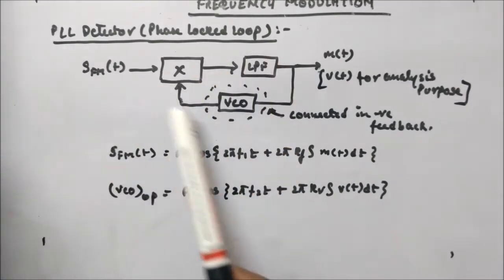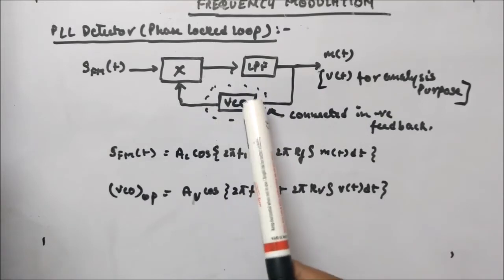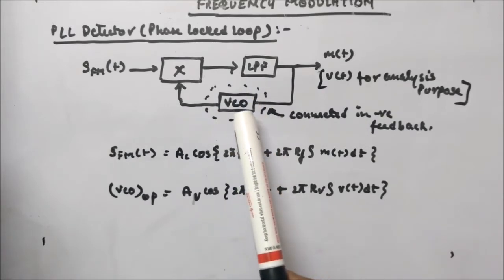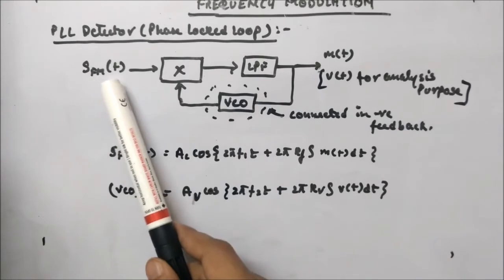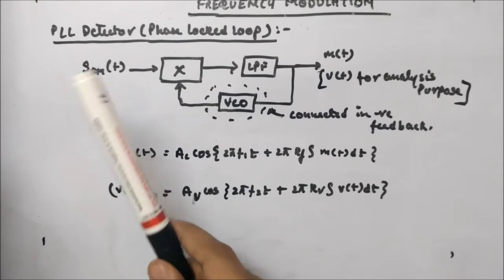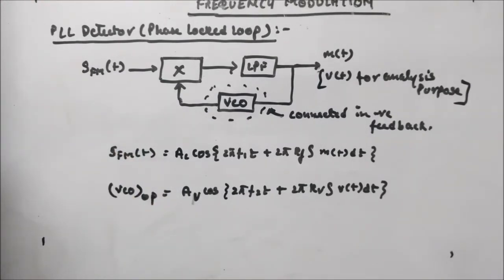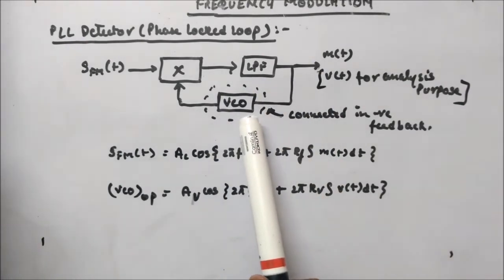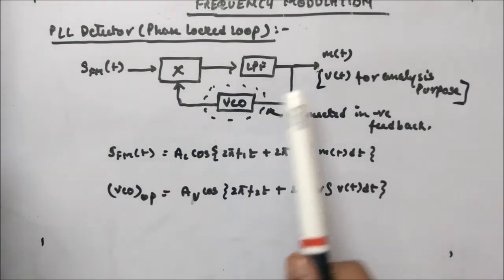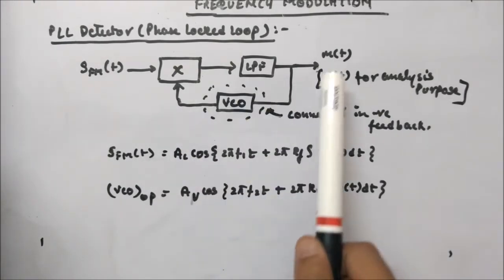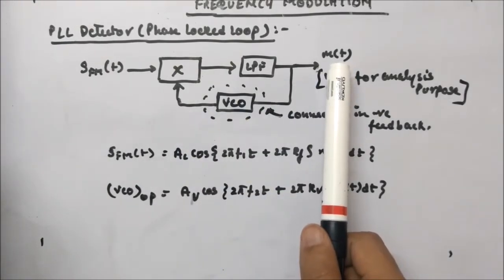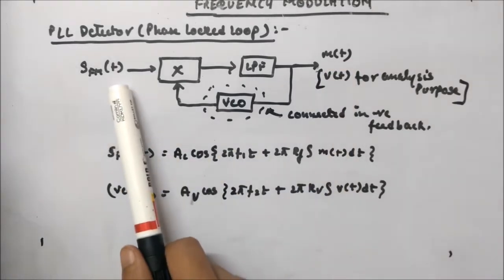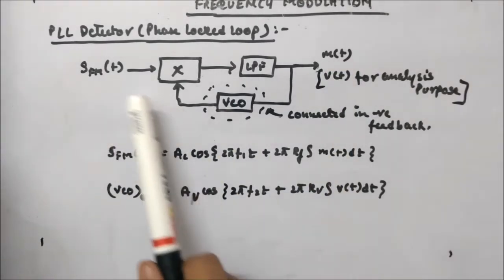So this is a synchronous detector only, but we have replaced the local oscillator with a voltage controlled oscillator, so that we can match the frequency of this FM signal, which is varying with the message voltage variations. Second, for the VCO, the input is V(t), and we have seen the VCO is used for generation of FM as well. So the output of the VCO will be the FM signal corresponding to this message signal, so that you can achieve frequency synchronization between these two signals.